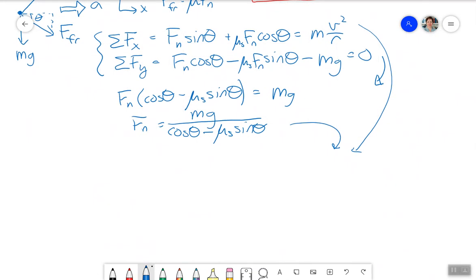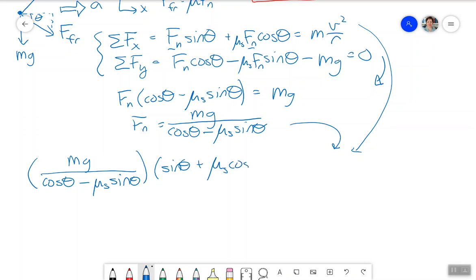The normal force, mg over cosine theta minus mu s sine theta, I've pulled out as a constant factor. What's left is sine theta plus mu s cosine theta, which is mv squared over R. I think we were using capital R there.